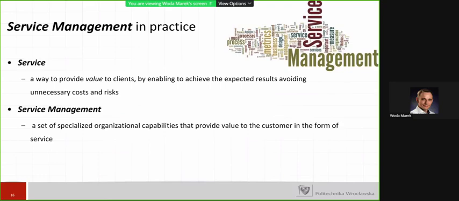What is value? Whatever is valuable to you. For example, if you are a recipient of an internet service, that's a value for you because it facilitates working from home, communicating through your computer or your mobile, and so on.